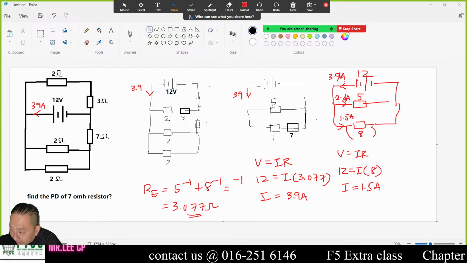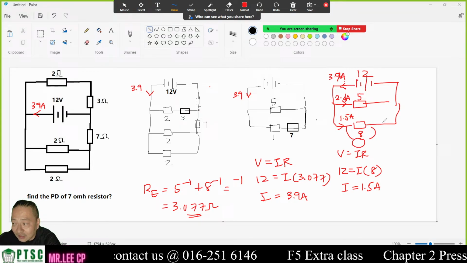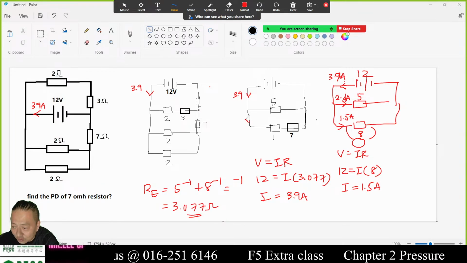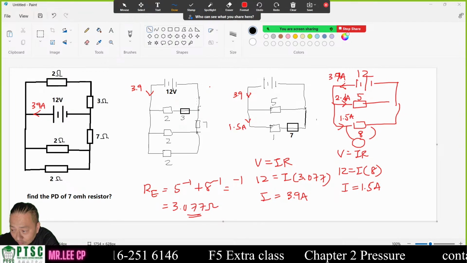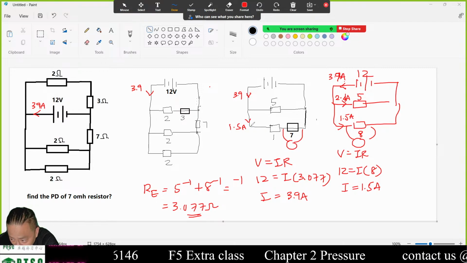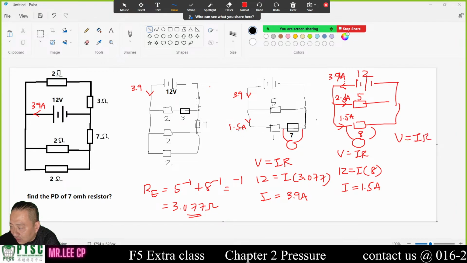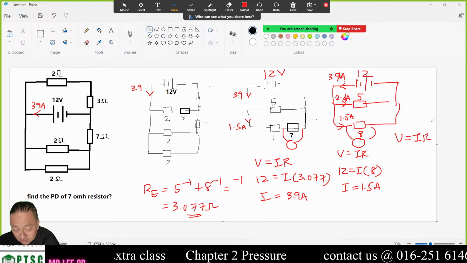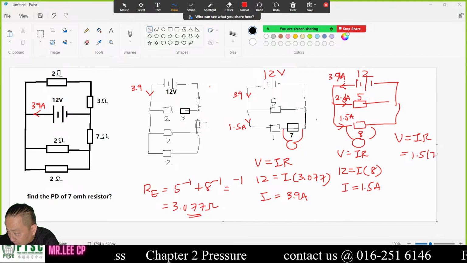Now I can find this voltage, but it is not related to what I want, so I don't want to find the voltage here. So here I know it is 1.5 ampere. I want to find this voltage. What is the voltmeter reading? V is equal to IR one more time. I is 1.5. R is 7.